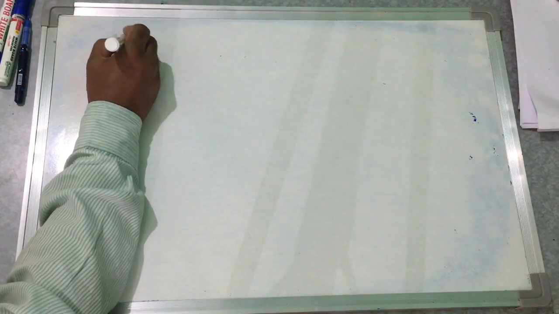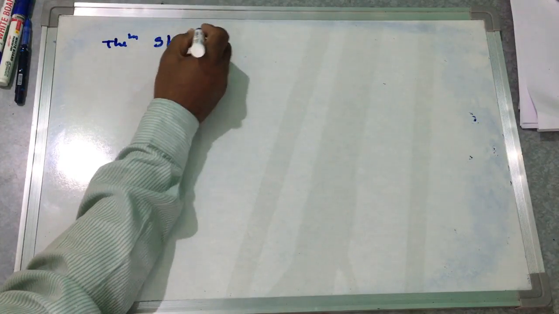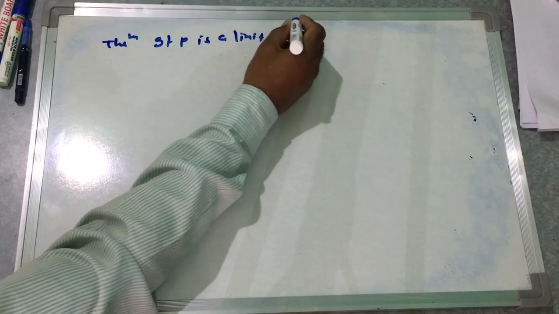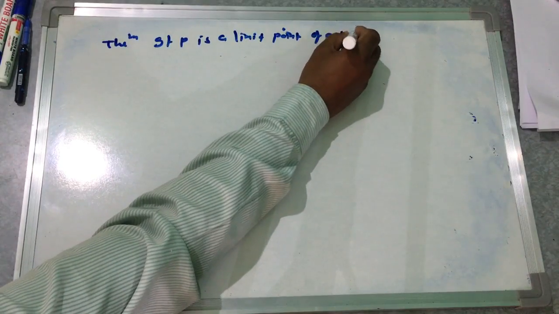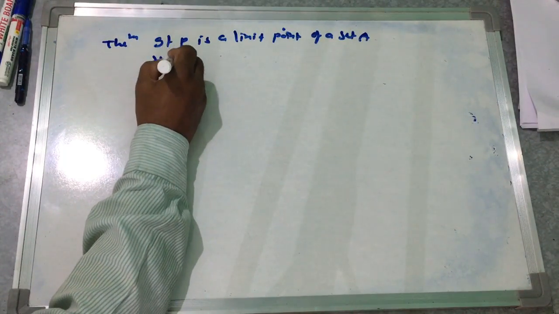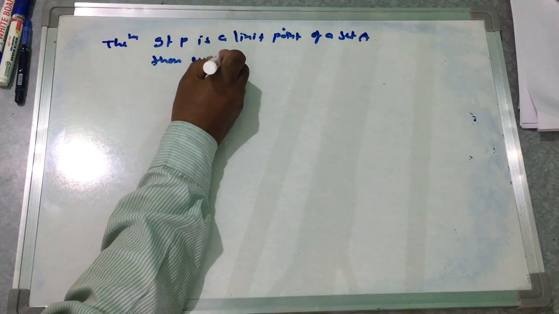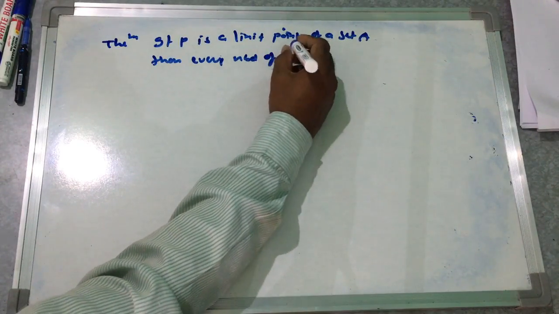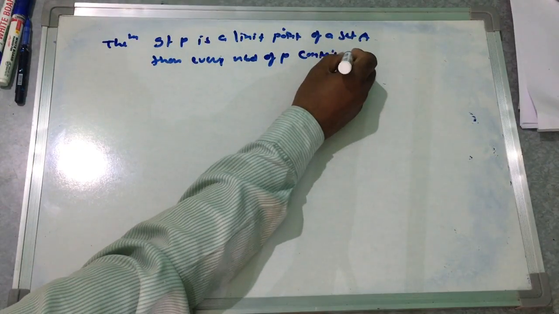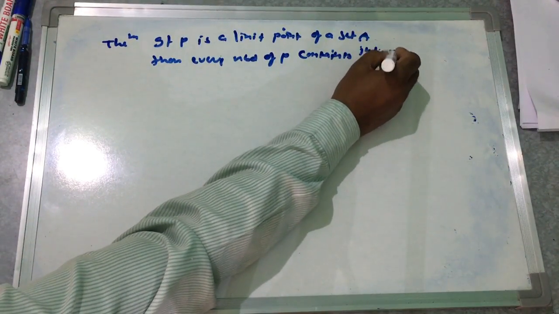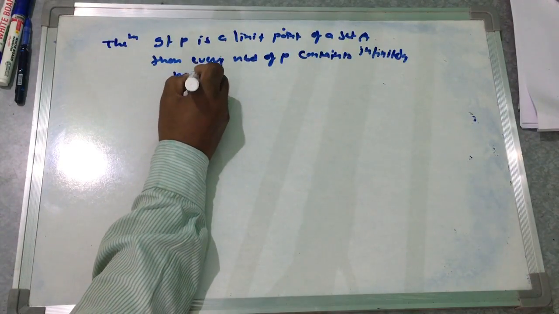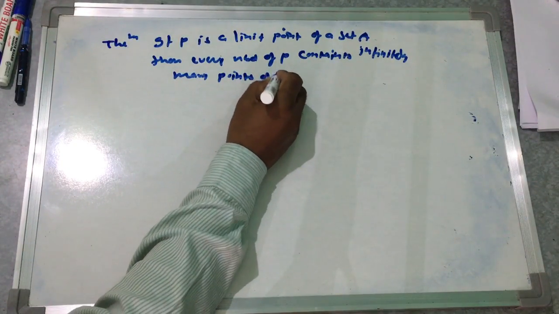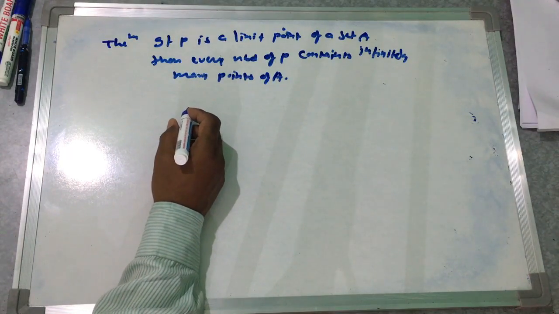Again we have the theorem here. If P is a limit point of a set A, then every neighborhood N_r(P) contains infinitely many points of A. So you have to go through this.